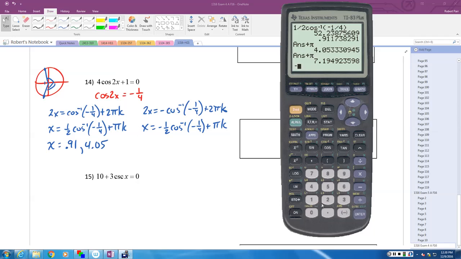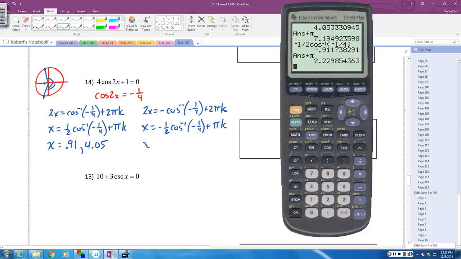And the other one, negative 1/2 inverse cosine of negative 1/4. Now, if I have a k of 0, this is going to give me a negative value, and we expected that to be the opposite of what this one was. So this is not on my interval. I need to start adding pi. Add pi to that. Hey, 2.23.